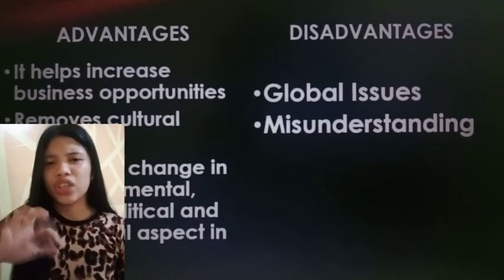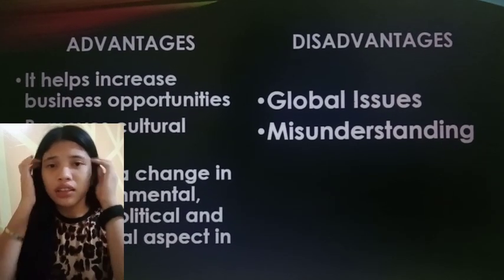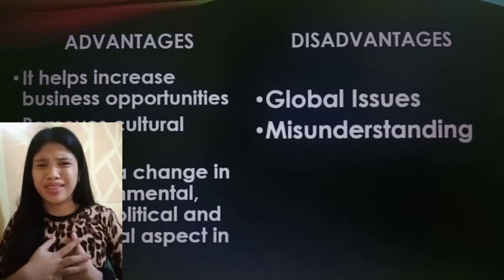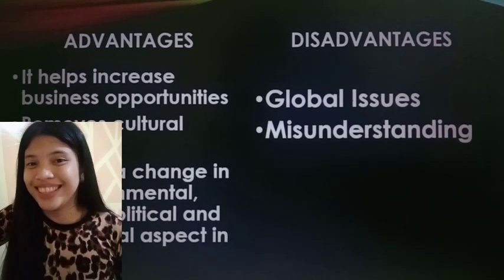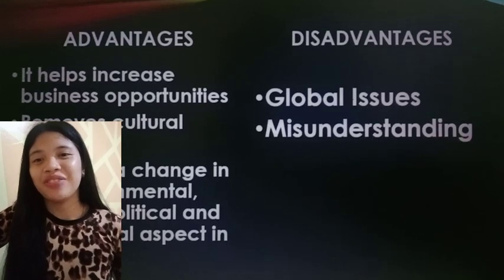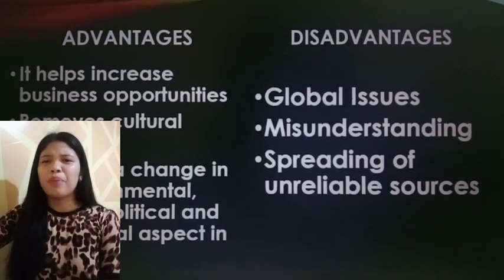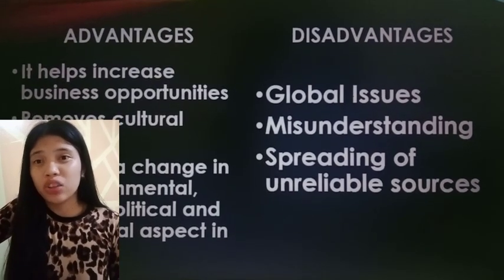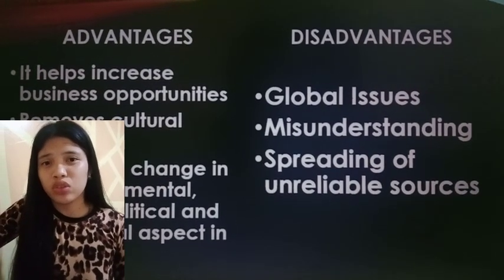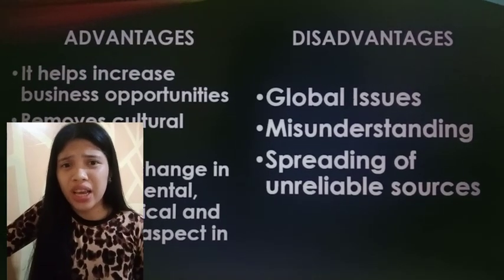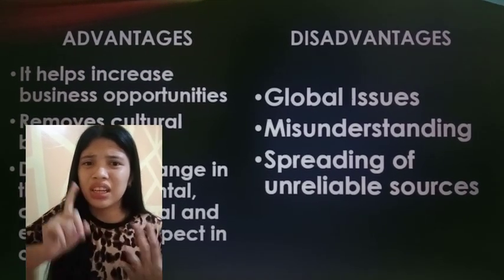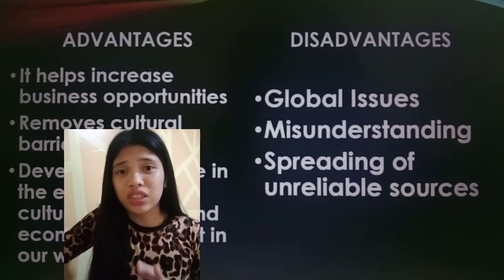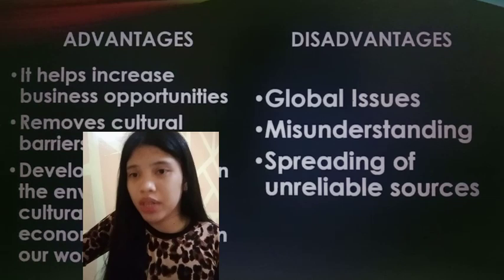For example, someone posts something without details, so it gets misunderstood. Next is the spreading of unreliable sources. In our present generation, many people spread fake news to gain fame, to get more likes and more views on their videos. So, those are the disadvantages of global communication.